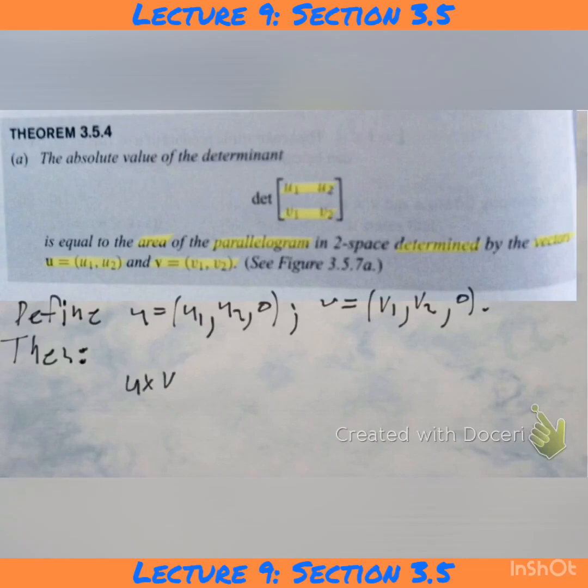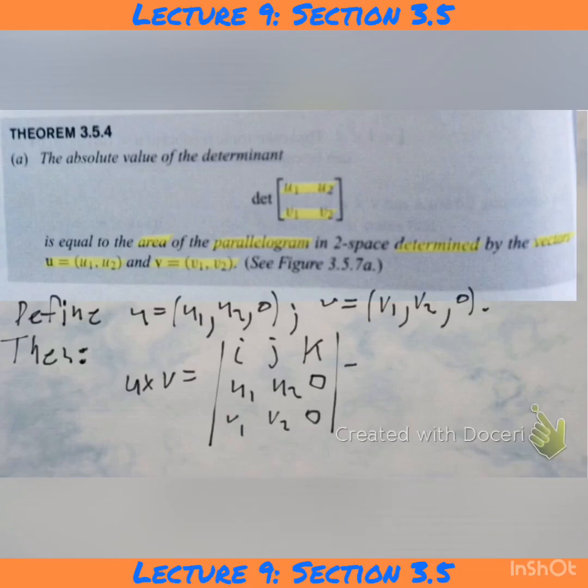So if you look at the cross product between u and v, what is it? We know that by the alternative form, it's the unit vectors i, j, k, and then the determinant of this matrix here: u1, u2, 0, v1, v2, 0.